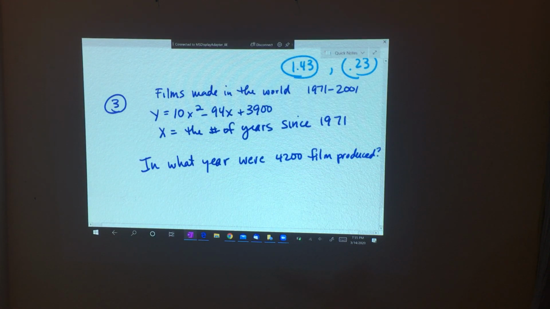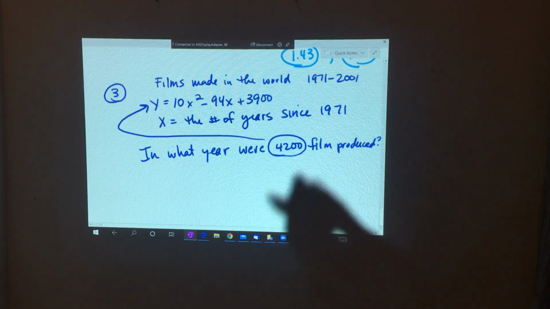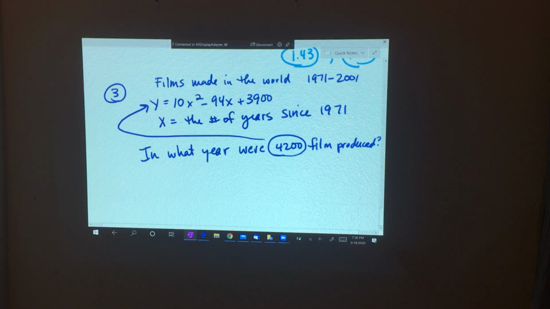That's the question. Okay, so basically what we want to know is, what is x? We're going to solve for x. So the answer is 4,200. That's for y. X is the number of years. Y is the number of films. So I'm going to take my equation and I'm going to put 4,200 in.